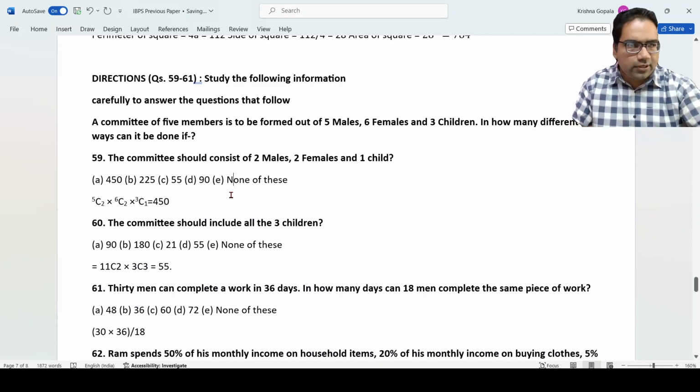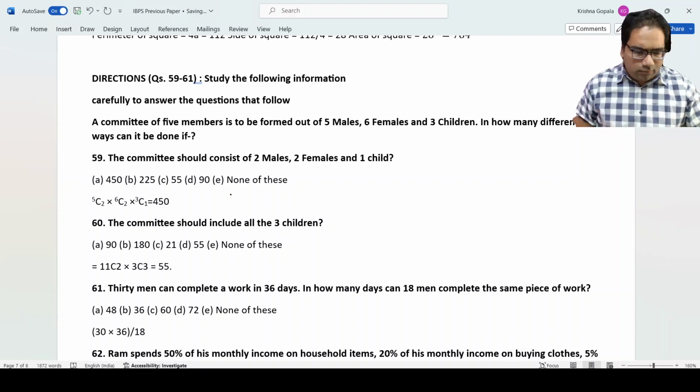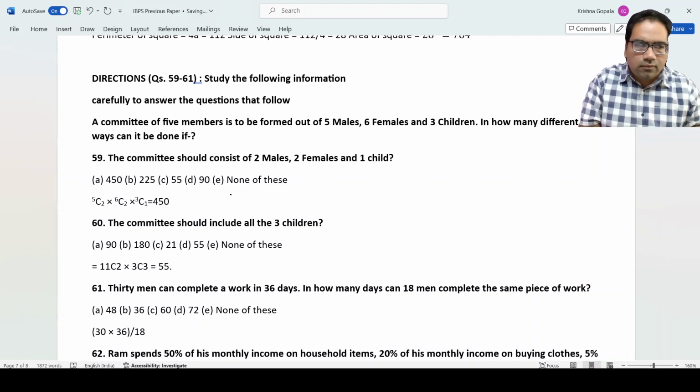We know what is factorial, right? We know what is 5C2. 5C2 means 5 factorial by 2 factorial into 3 factorial, right? This is 5 into 4 by 2, which is 10. 5C2 is 10.